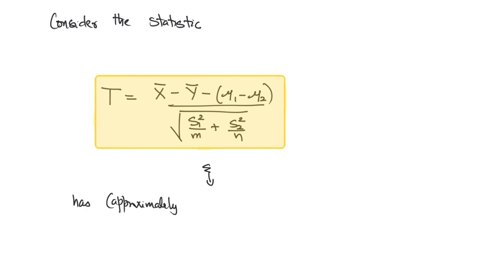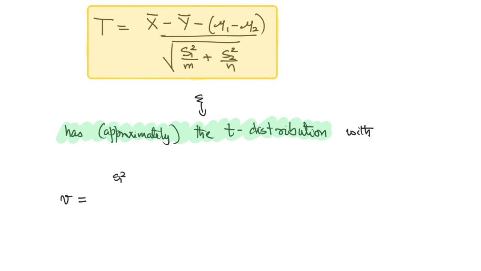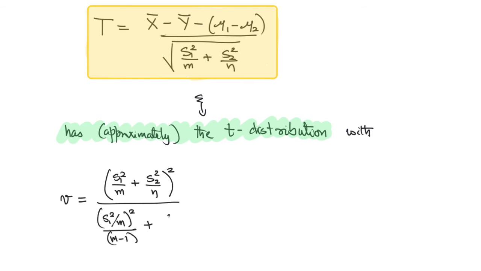This statistic has approximately the t distribution, and the degrees of freedom of this distribution has a complicated formula that involves calculating the sample variances on the sample data.